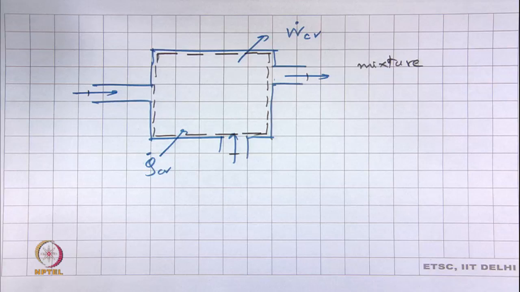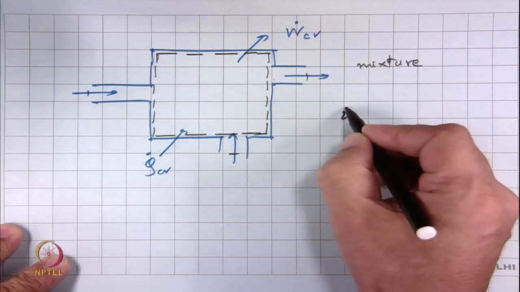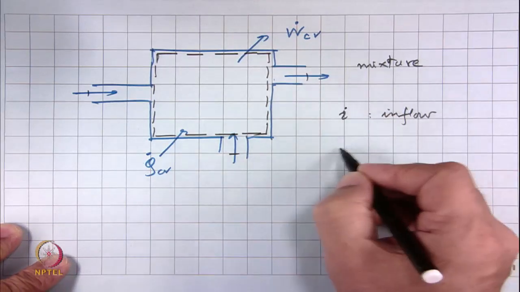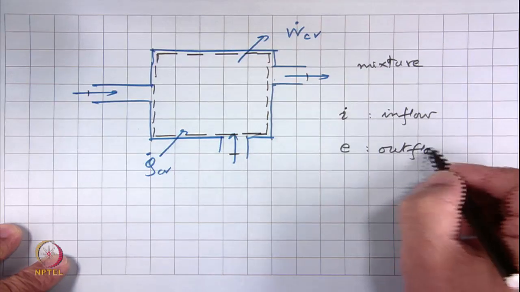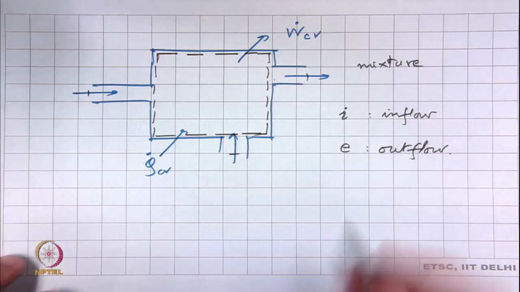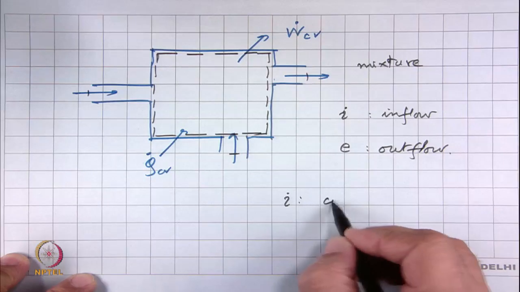In doing the single pure substance analysis, we identified these inflows by the subscript i and by the subscript e for outflow. Now we are running into a bit of a confusion, because i we have also just used to denote the component.